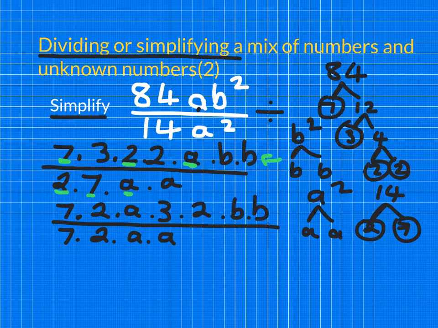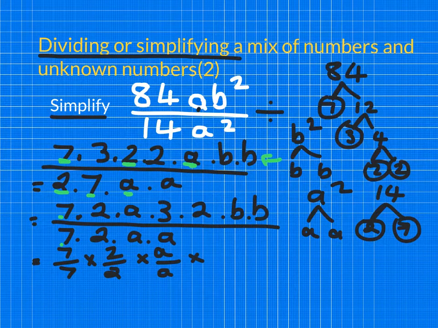What this allows us to do is think about matching up this 7 with this 7, because we can now split that fraction. If we split the fraction, we can do the 7 divided by the 7 times the 2 divided by the 2 times the A divided by the A times the 3.